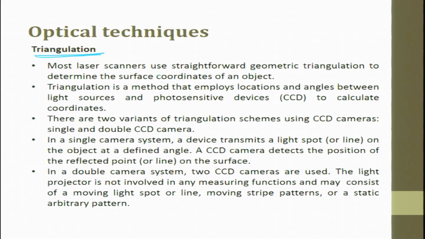Most laser scanners use straightforward geometric triangulation to determine the surface coordinates of an object. Triangulation is a method that employs the location and angle between the light source and the photosensitive device, which is nothing but a CCD, to calculate coordinates.